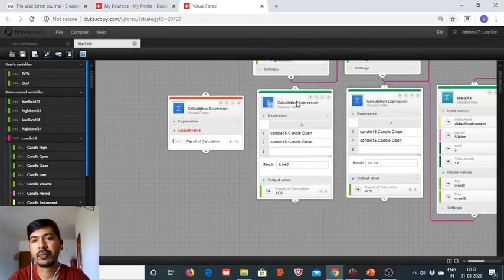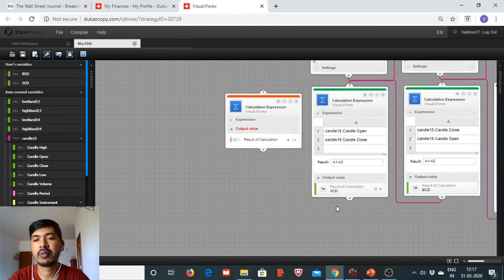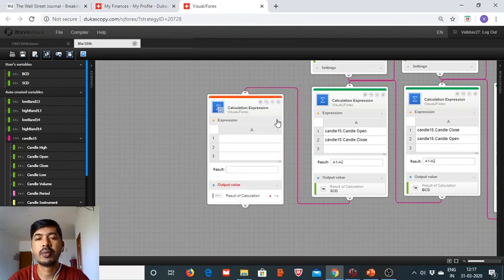So it looks all good. Now we will compare the difference to the 30% of the ATR value.